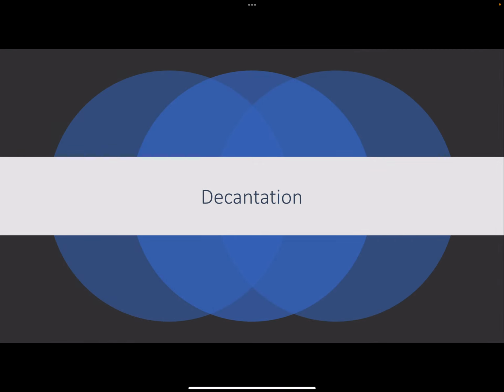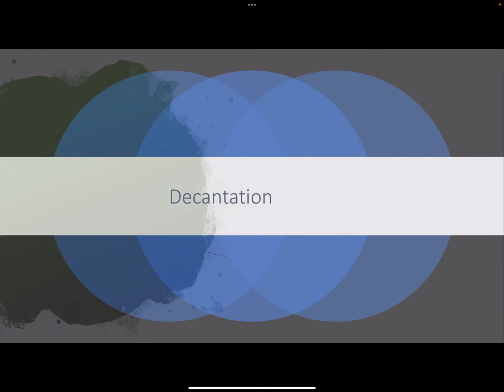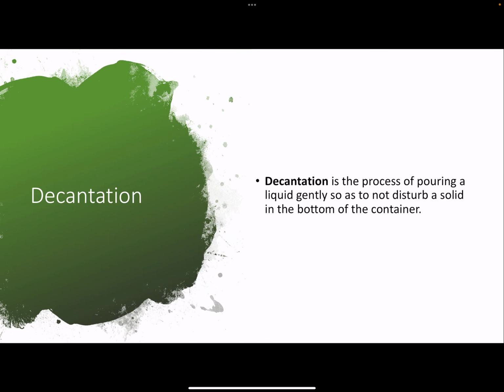Next is decantation. Decantation is also, like centrifugation, quite useful for suspensions, or heterogeneous mixtures. Decantation is the process of pouring a liquid gently so as not to disturb a solid at the bottom of the container. If you have a container and a suspension, you're going to let gravity do its work.